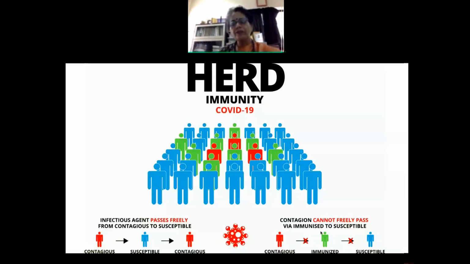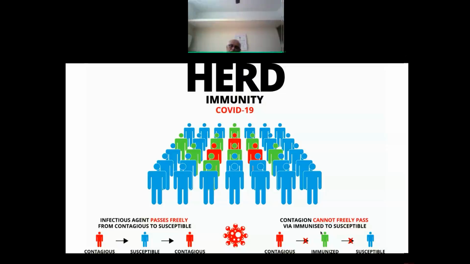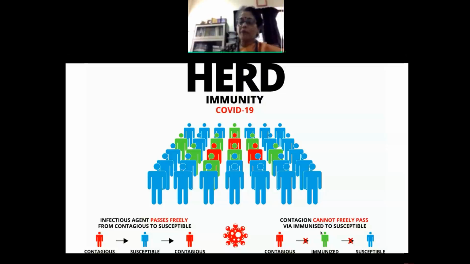And when the route of transmission gets broken, the virus is incapable of spreading from individual to individual, and thereby we are able to control the pandemic. But what we should always remember is this necessarily does not mean the virus has disappeared. This is very important to remember. I will come back to this topic once again later.